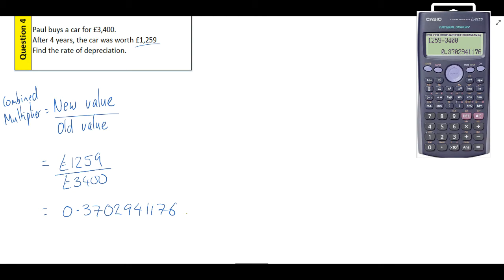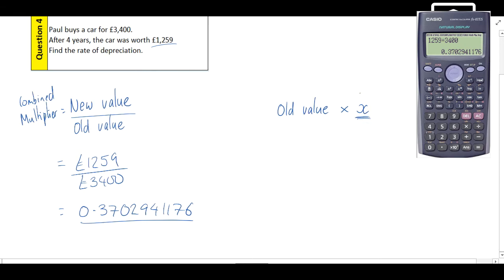So the old value multiplied by, we don't know, this is after 4 years. We want to know the rate of depreciation per year, which we're going to represent by writing x.